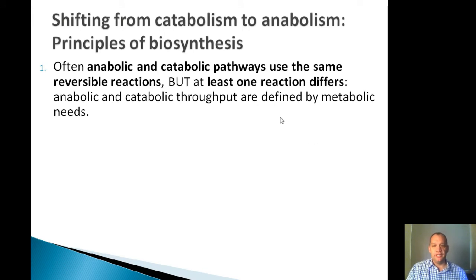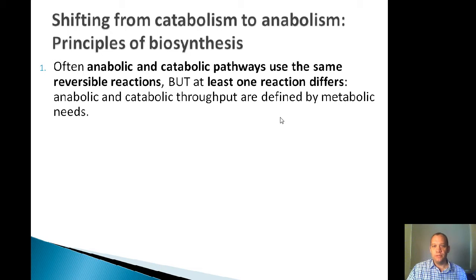So we are shifting then from catabolism to anabolism, and just briefly, a few principles of biosynthesis. Often anabolic and catabolic pathways use the same reversible reactions. We spoke about amphibolic reactions being reactions that can serve both catabolism and anabolism.